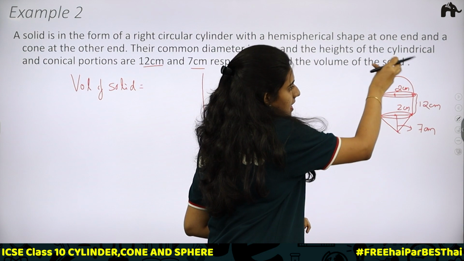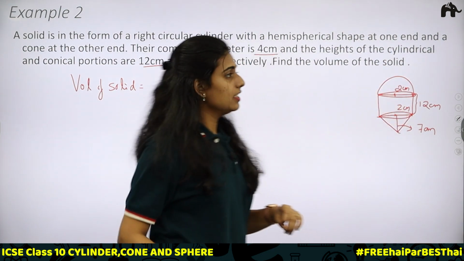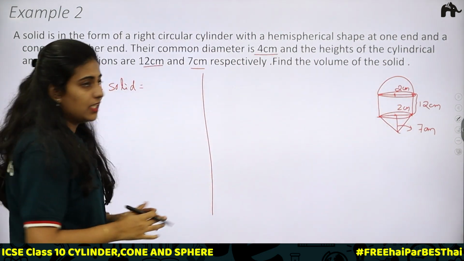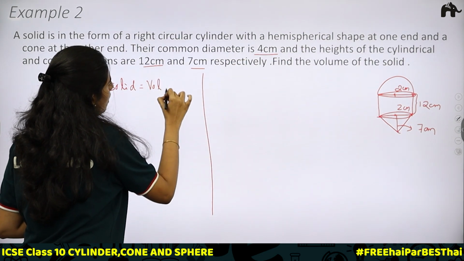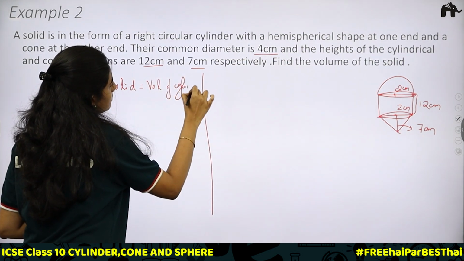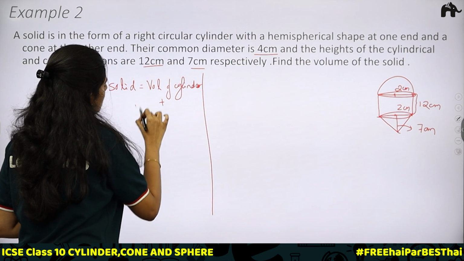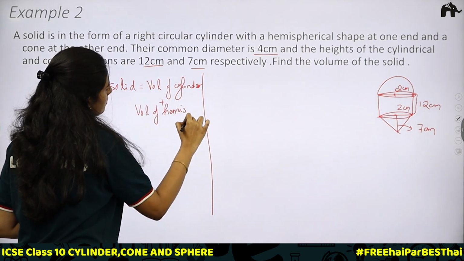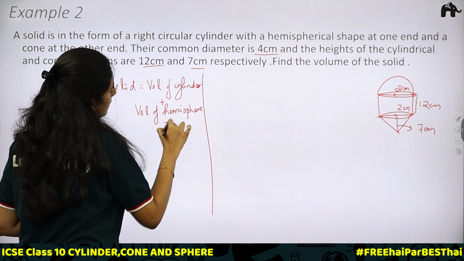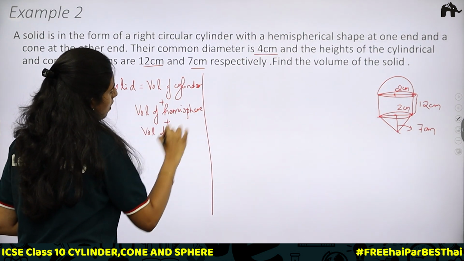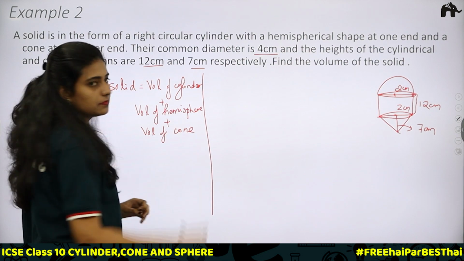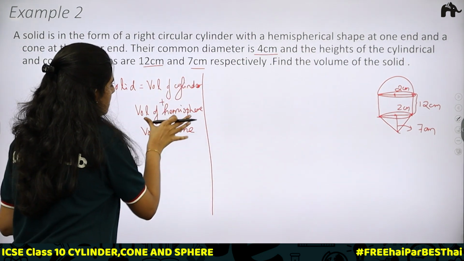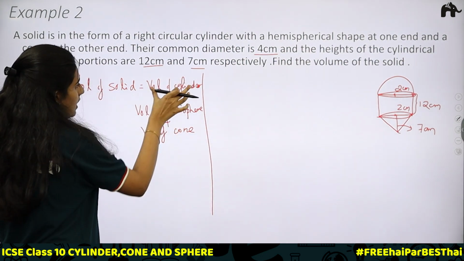First, we have a cylinder, then a hemisphere and a cone. Therefore, the total volume of solid will be equal to volume of cylinder plus volume of hemisphere plus volume of cone.